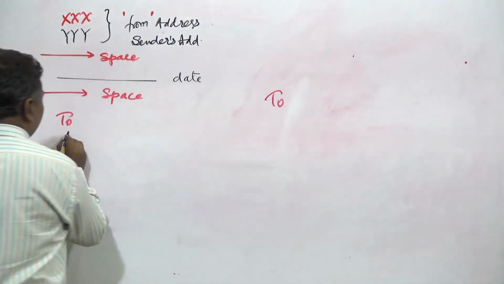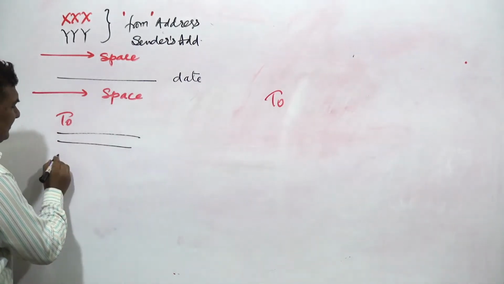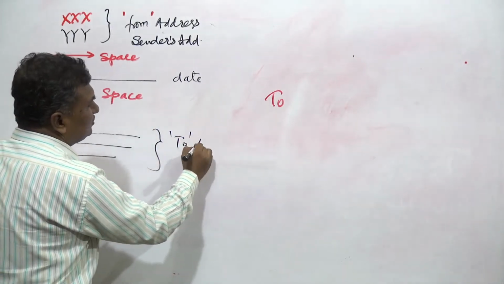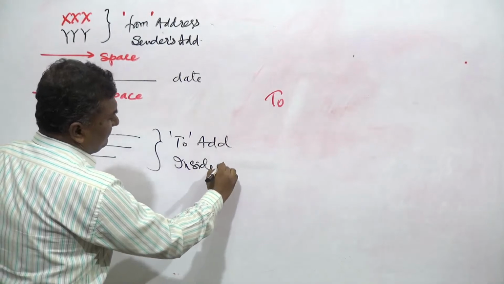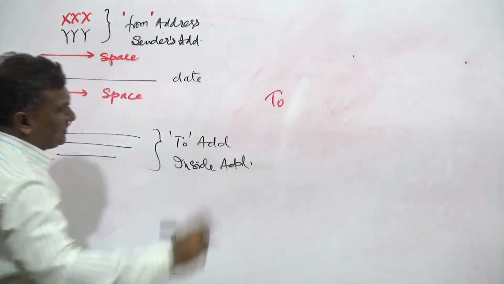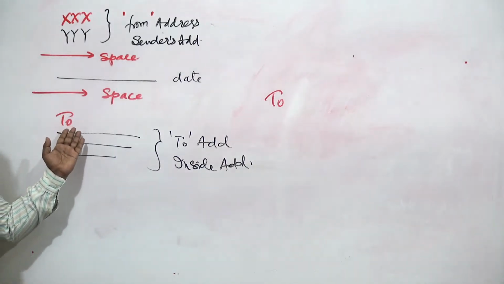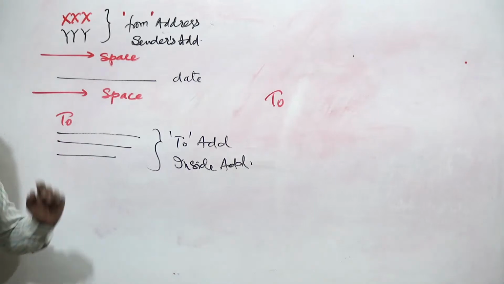Next line you can write. This is called inside address or to address. To address or inside address. For example, to the manager, so and so company, Kalaburgi.